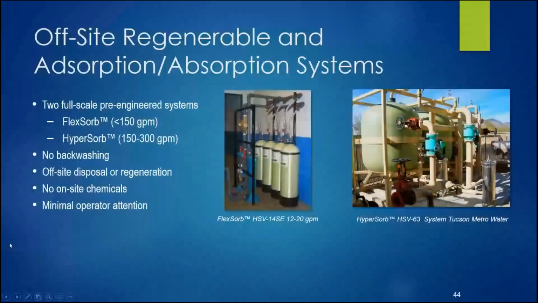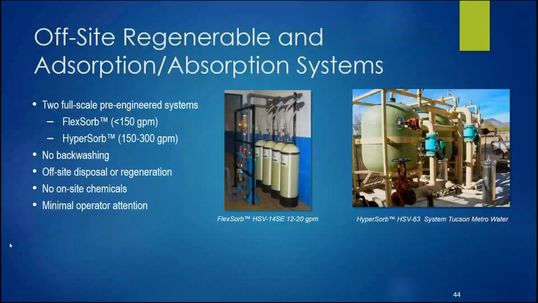So as Katie referred to, you can have off-site regenerable systems. We have several designs associated with these types of systems, in which in a FlexSorb process, the bottles are exchanged with the site.